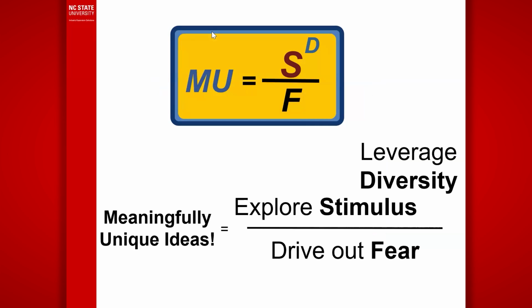If you remember from math, if you're trying to maximize something, the things in the numerator you want to make as big as possible, and the things in the denominator you want to make as small as possible. So we work to maximize stimulus, we work to maximize diversity, and we try to minimize fear. I'll show you how we work to do all of these.